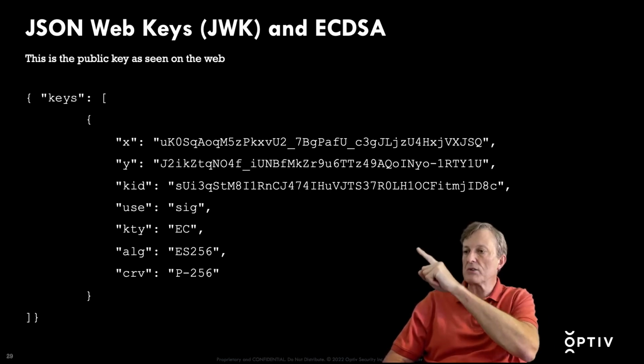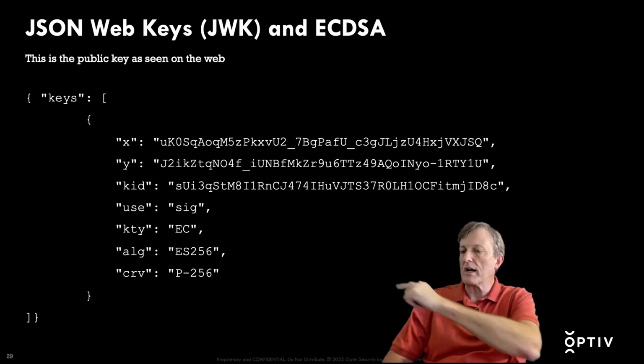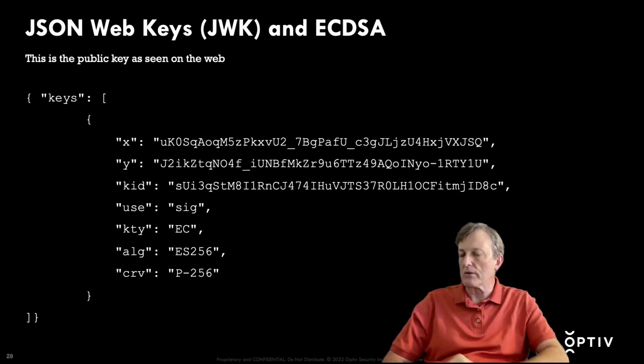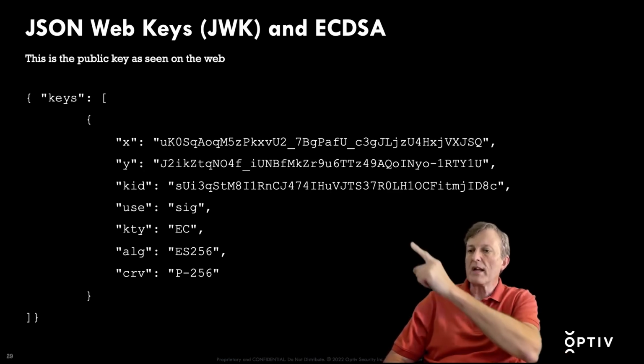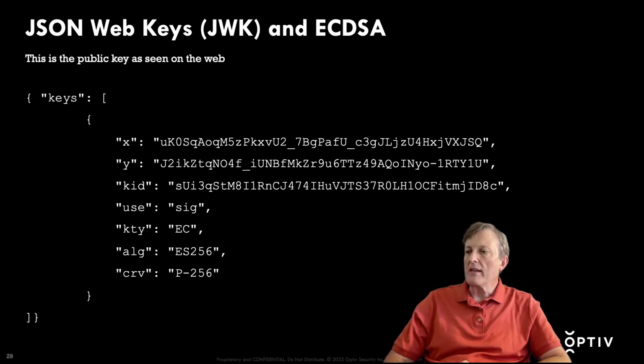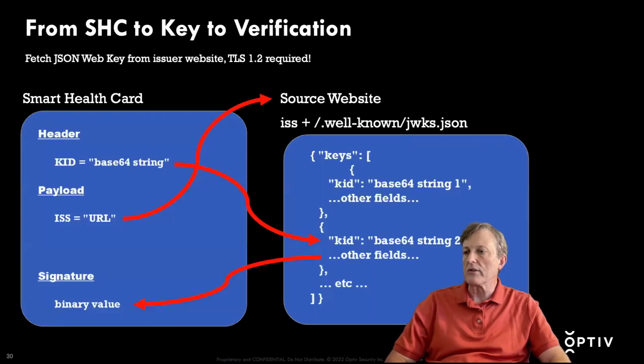So you've got X and Y, you've got the curve identification and what the algorithm is, and a key ID, right? And these are stored in a file somewhere where we can pick them up and use them to verify signatures. And this is a standard. It's used for other things.